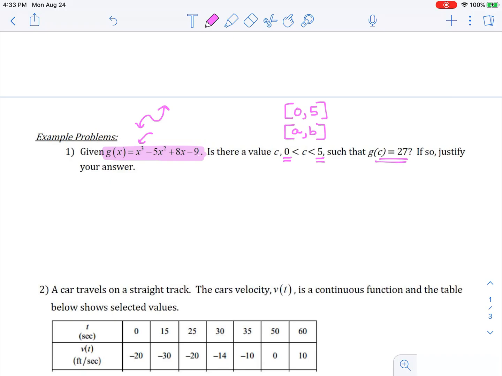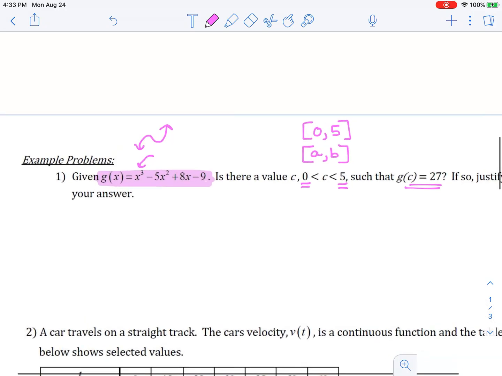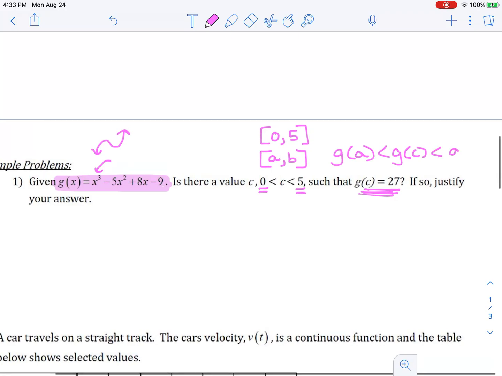Well, first, I want to find if this value of 27 is in between my g of a and g of b. So we need to first figure out, okay, what is g of a?